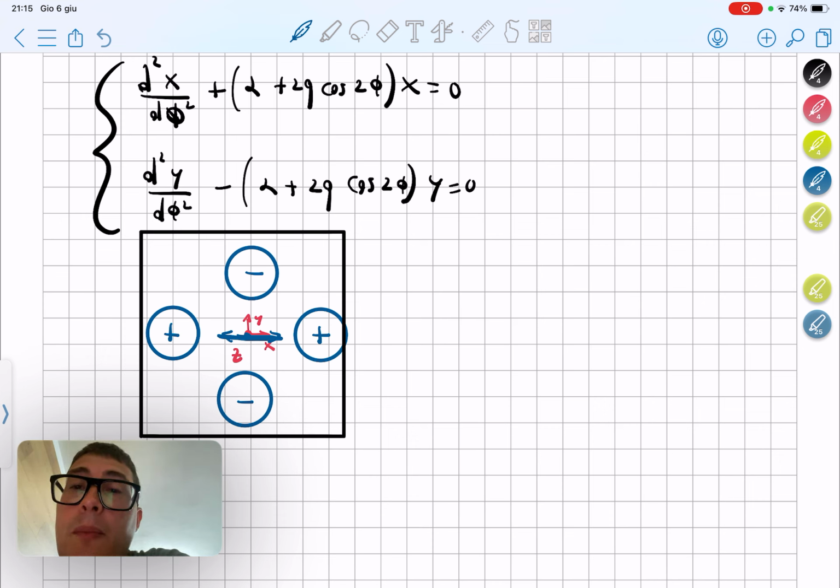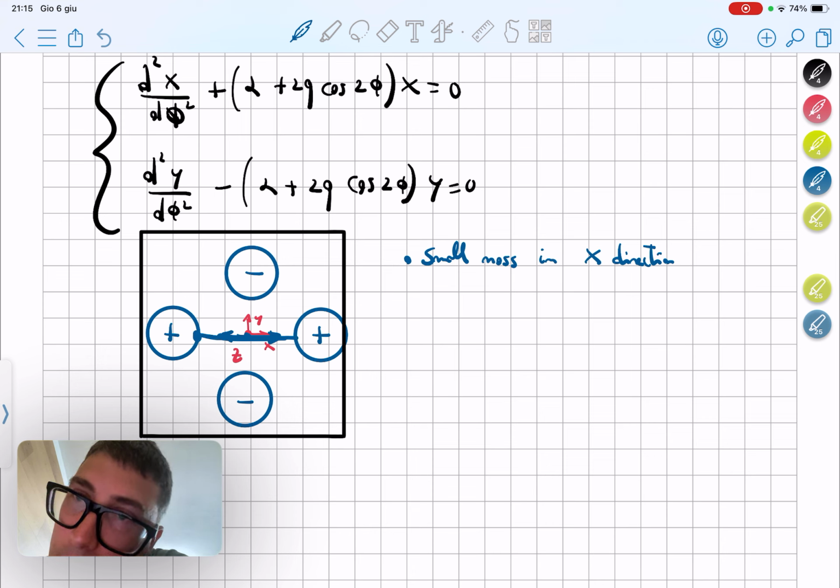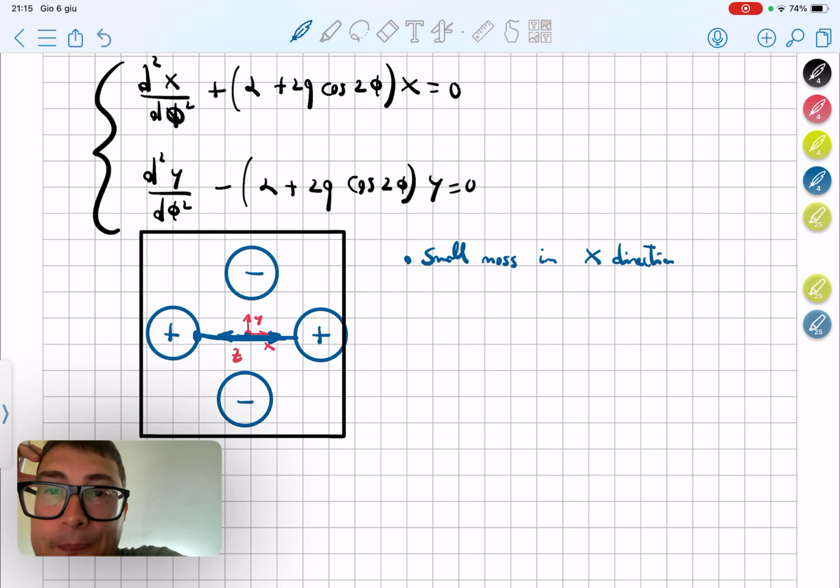And if its mass is below a certain value, that's considered a small mass, so a small mass in the x direction will progressively feel an increase of the amplitude until it hits the rod and discharges.